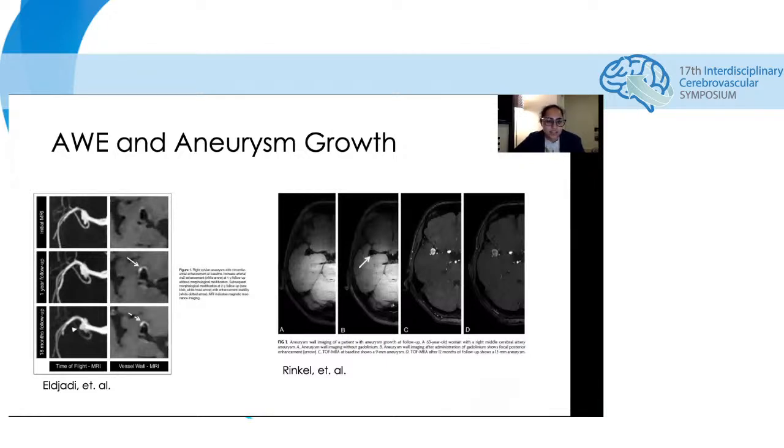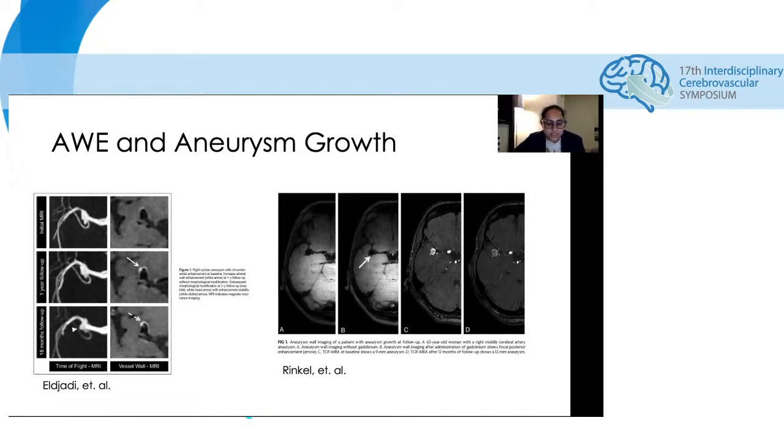Aneurysm wall enhancement has also been shown to be correlated to aneurysm growth. On the left, you can see this follow-up study by El Jadi with 1 year and 18-month follow-up images where you can see aneurysm wall enhancement and changes in the aneurysm size from the time of flight.